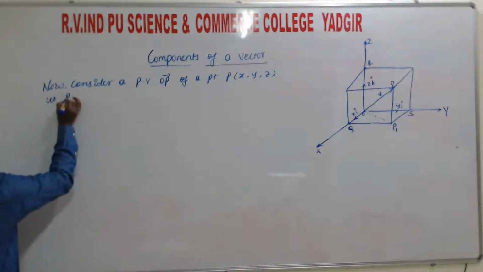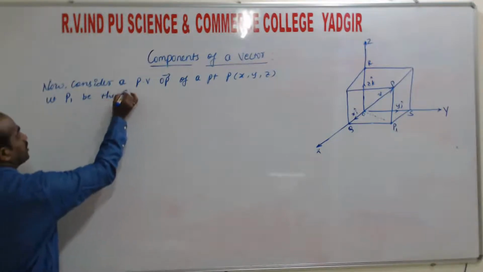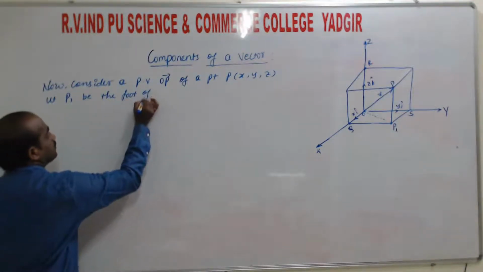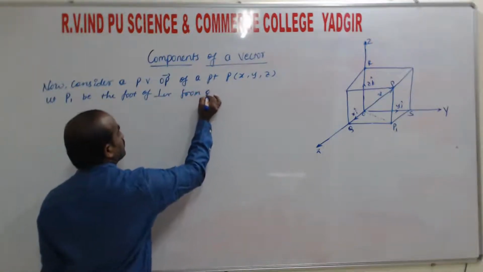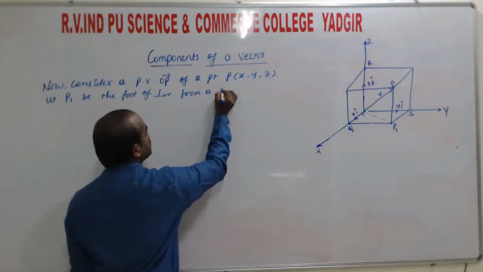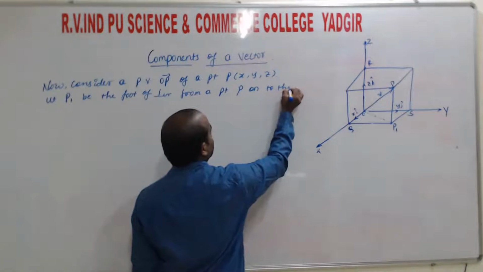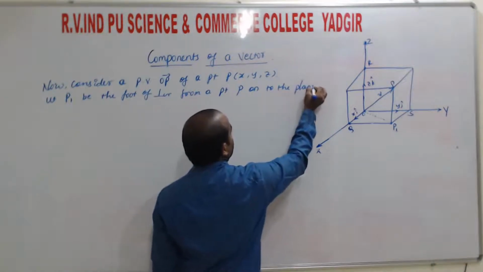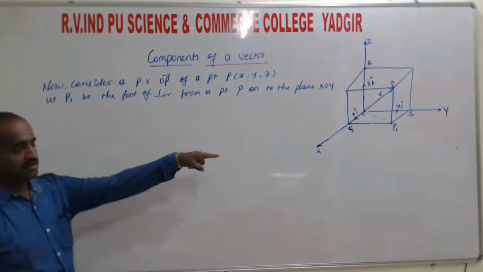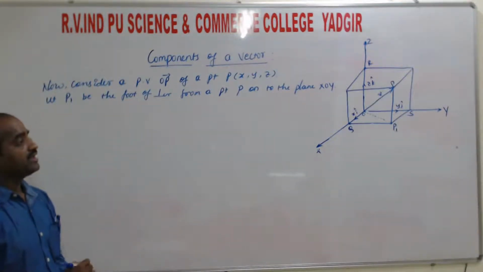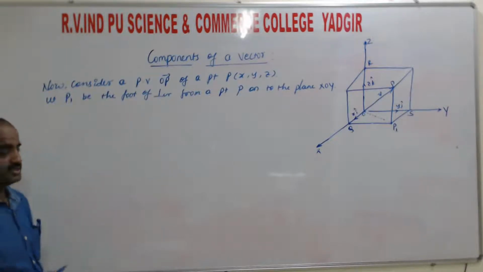Let P1 be the foot of the perpendicular from the point P onto the plane XOY. Next, P1P is parallel to the Z axis.